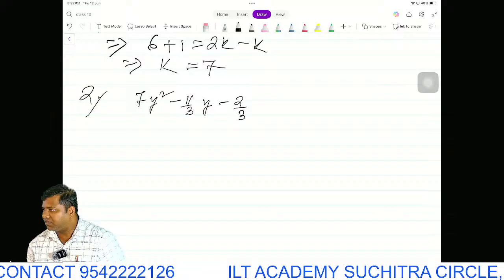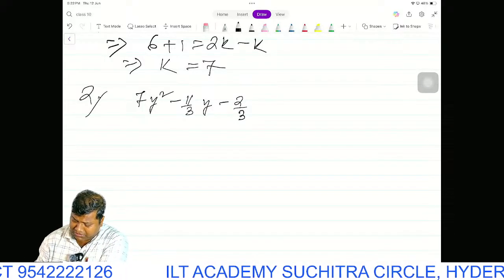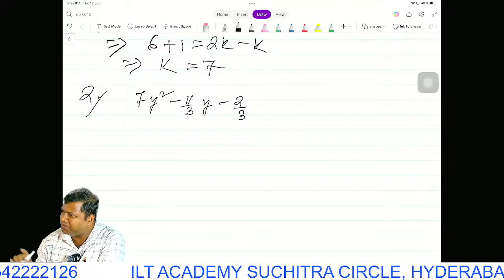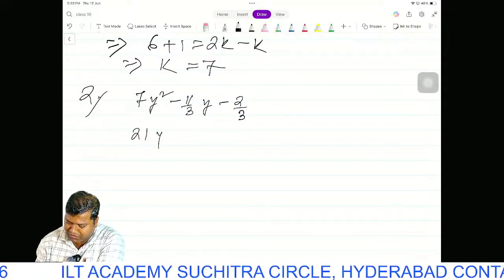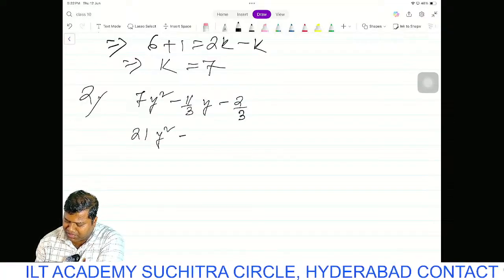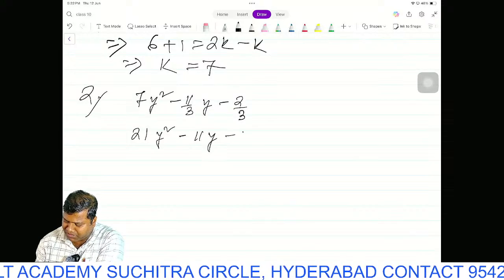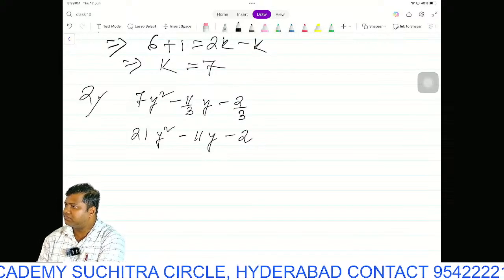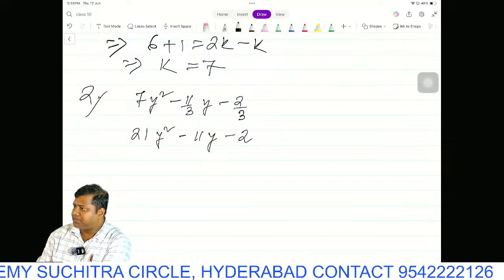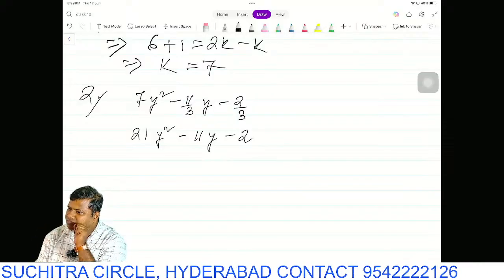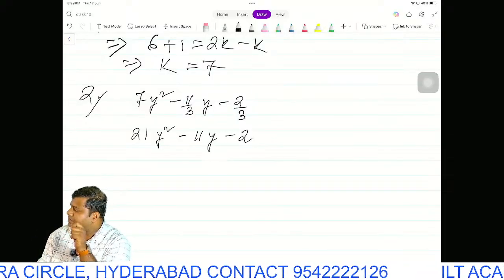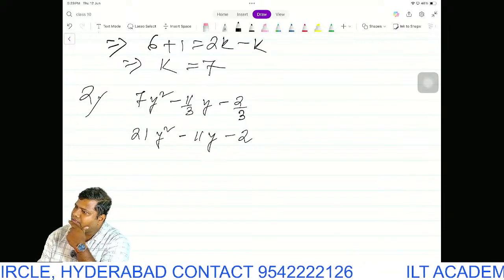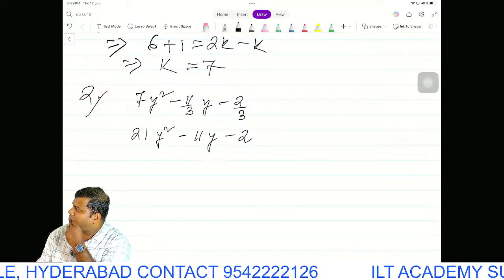So if I multiply the whole polynomial by 3, it becomes 21y square minus 11y minus 2. Now it has come to our known form. Now we can think about factorization, right? Just try to factorize, tell me. 42.